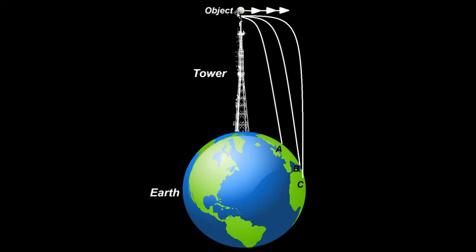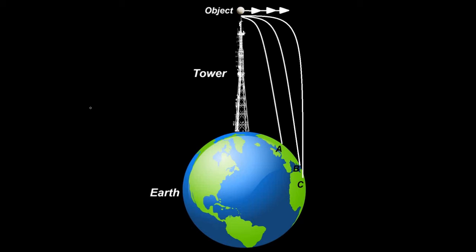So simply the object being given some horizontal velocity, depending upon the magnitude of the horizontal velocity, it will undergo parabolic trajectories. If we give it a certain horizontal velocity, in this first case, it will undergo this parabolic movement and will hit Earth at point A here.